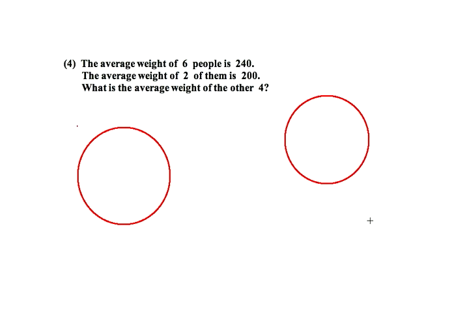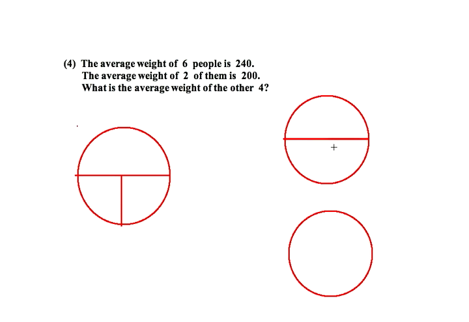So we need an average pie for each of them, and then we put in what we know. So the average weight for the overall group is 6 people, and the average weight is 240. That tells us to get the total we have to multiply, which is 1440.